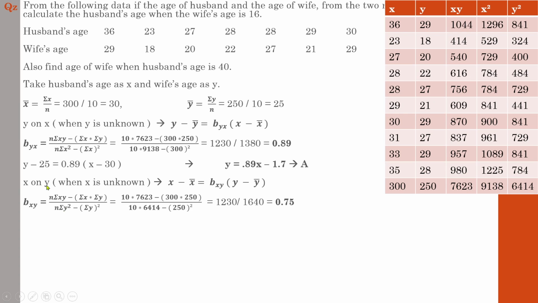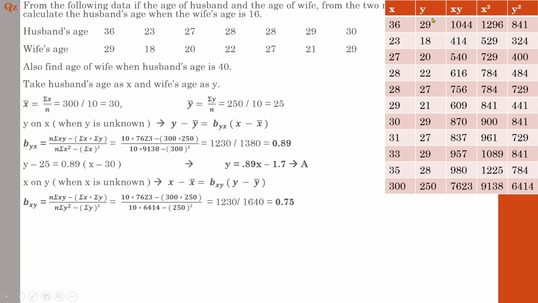In case of x on y, where x is unknown, the denominator is represented by y, and it is n sigma y square minus sigma y the whole square. See, it is based on the y column.